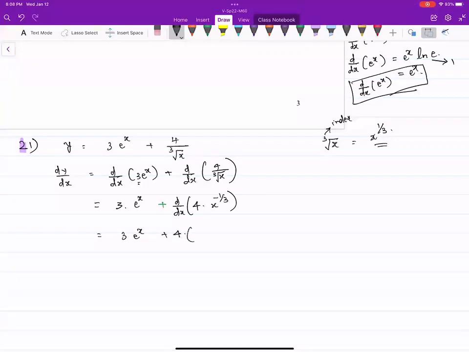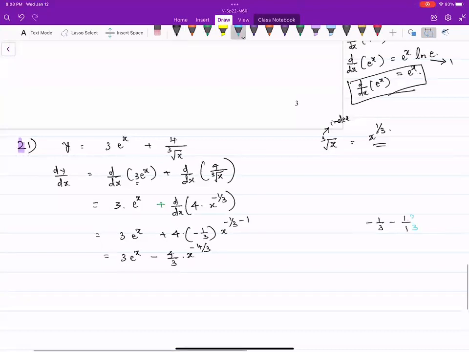The exponent is some number, so it is x to the power exponent minus 1. So it is 3e to the x minus 4 by 3 x to the power negative 1/3 minus 1, that will be negative 4 over 3. If you multiply by 3, that will be negative 1, negative 3 over 3. So negative 4 over 3.